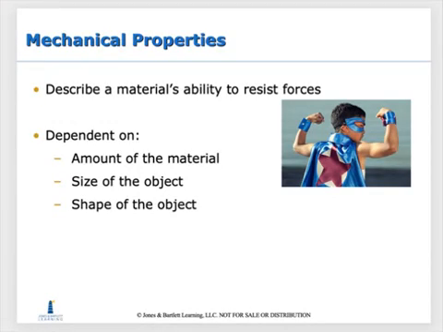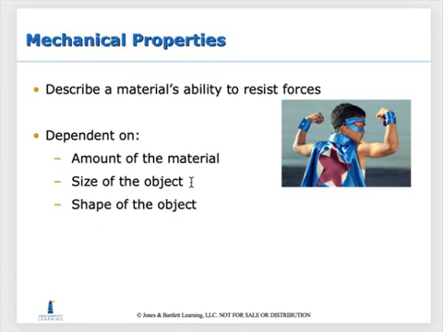Then when we look at mechanical, that's how strong a material is. How well can it resist forces? That would be its strength, stiffness. For example, metal is usually going to be stronger than a composite. This really depends though on the amount of material. For instance, in an amalgam, the atomic bonds, there are more atoms present in that material versus a composite.